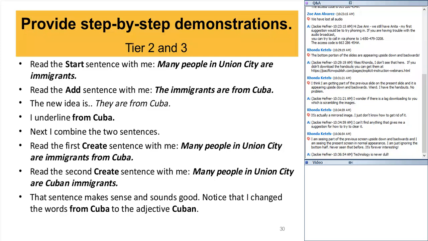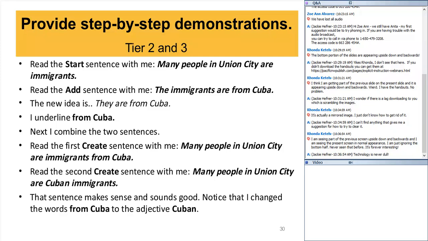Read the first create sentence with me. Many people in Union City are immigrants from Cuba. So I've added the part that was not in the start sentence, from Cuba. But I might say it in a different way. So read the second create sentence with me. And everybody, many people in Union City are Cuban immigrants.